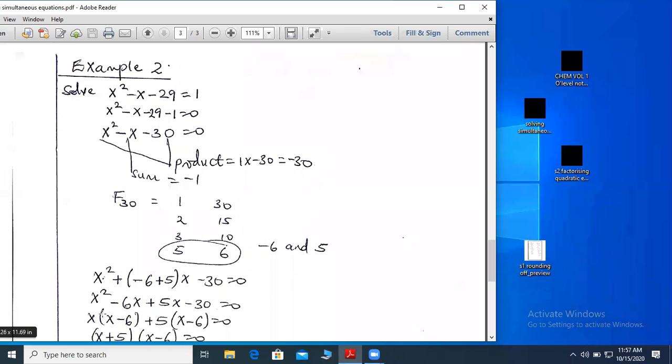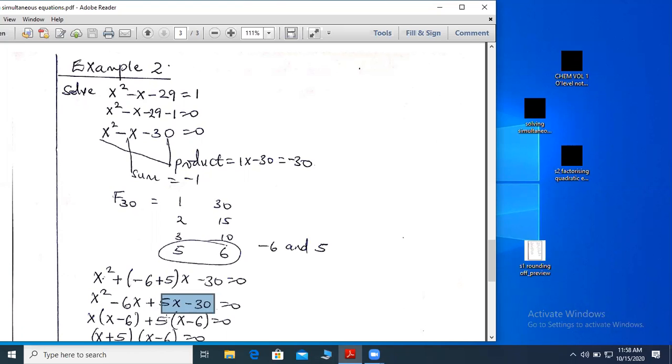So we are going to have x squared minus 6x, when we open bracket, plus 5x minus 30 equal to 0. So we are going to factorize out x from here, and it gives us x into x minus 6 plus, when we factorize out, the common factor here is 5. Yes, it is divisible by 5 here and also by 30 there.